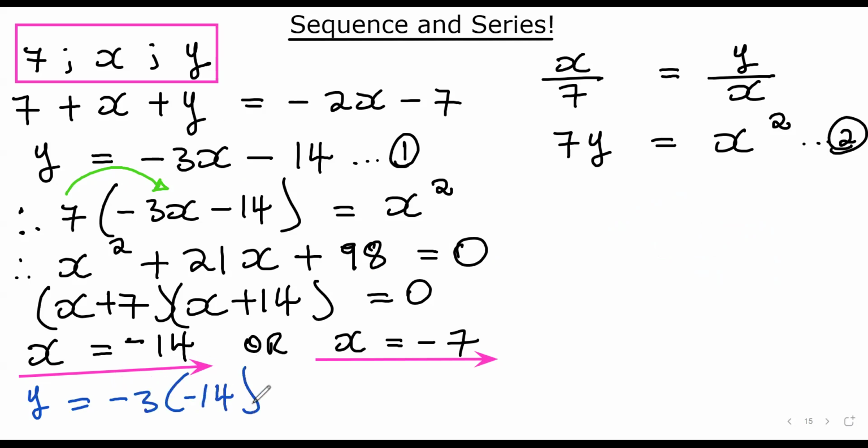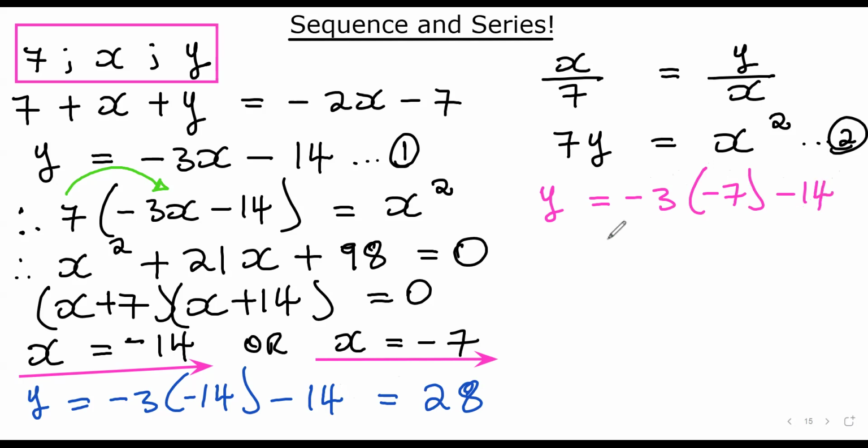So we have negative 3 into negative 14, minus 14. We find that y will be 28. And we come back again and say, what is y when x is negative 7? Well, let's see. We simply get 7.